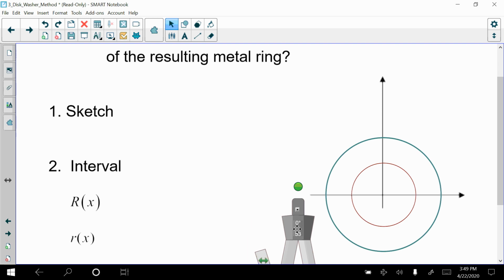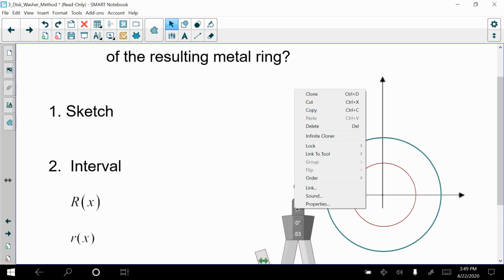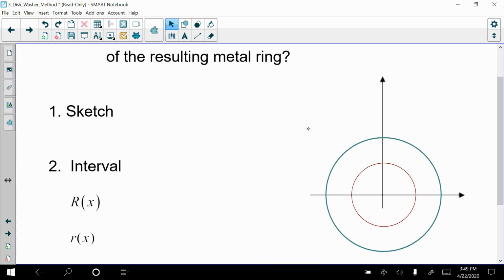Okay, so we have our circles, and we can very clearly see that the interior radius, the darker circle, is 3 inches. The greenish looking one is the exterior radius, the 5 inches.